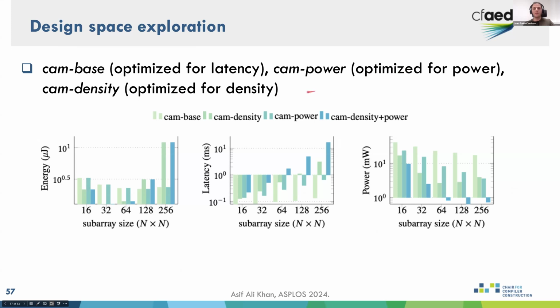Those are really important cases if you have a power budget to stay within, or a resource constrained device which has just a couple of content addressable memories to keep it really small. And then we showed that you can do design space exploration, varying the subarray size and varying the optimization target.